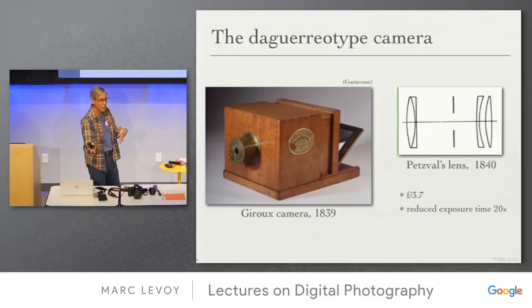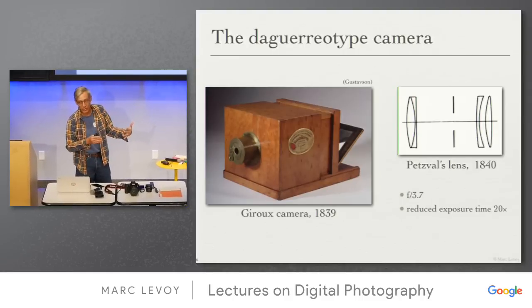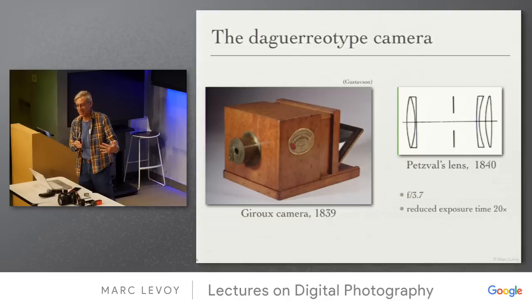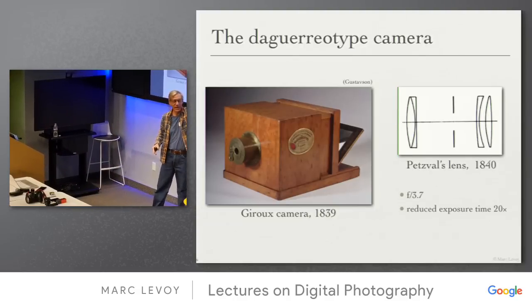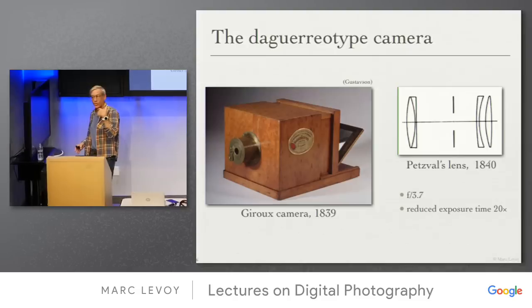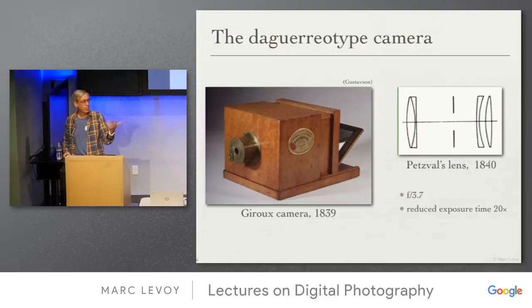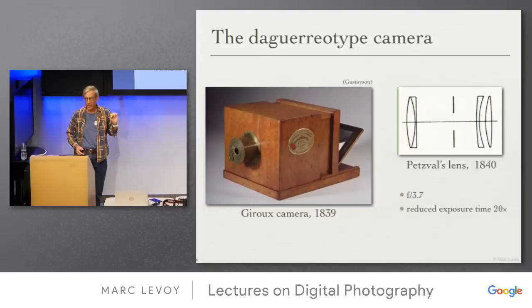Okay, so you should now know enough to tell me what the f-number was of pre-Petzval lenses. If this is f3.7 and he reduced exposure time by 20x, exposure time is going to be proportional to the area of the aperture.